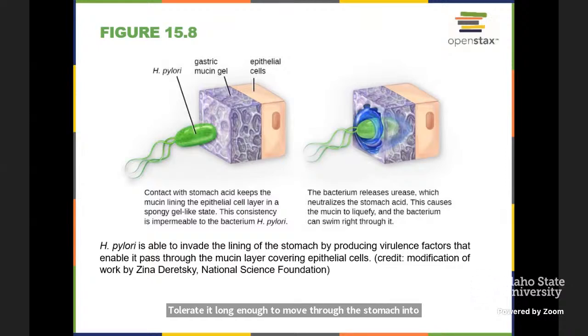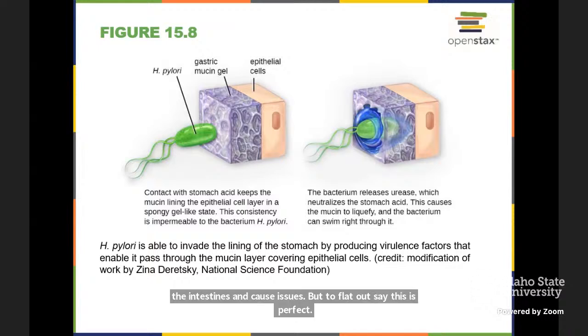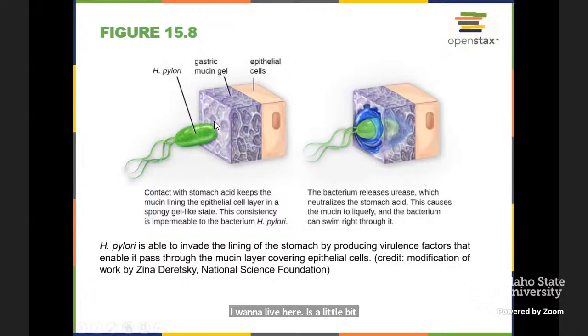But to flat out say, this is perfect, I want to live here, is a little bit odd. All right. So Helicobacter has a handful of things that allow it that leg up. All right. So the mucin that we see right here, this mucus coating, covers the cells of the stomach and helps to protect them, to prevent the cells from being bathed in stomach acid. It's a barrier.